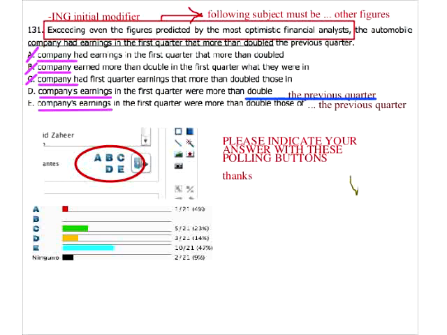Instead, you need double the earnings of the previous quarter. So this is a correct comparison. Here's a pronoun. This pronoun refers to earnings. So E is correctly saying that the company's earnings were more than twice as much as the previous earnings. D is mistakenly saying that the company's earnings were somehow twice as much as a period of time, which is not a comparison that makes sense.